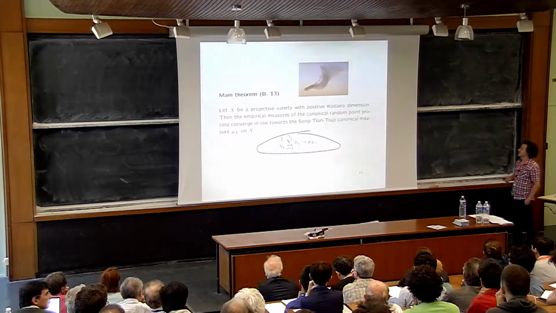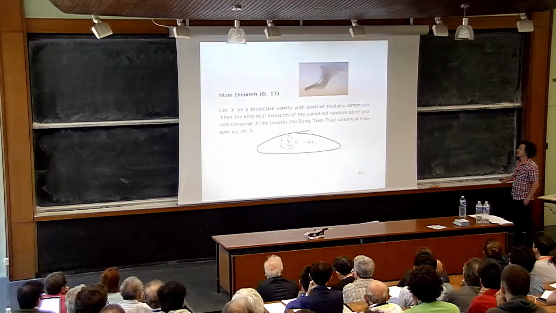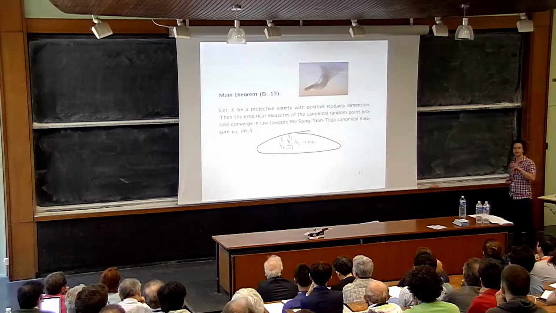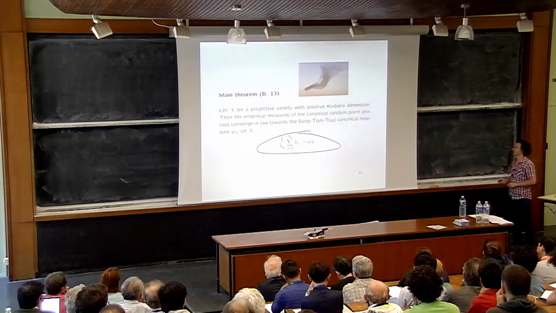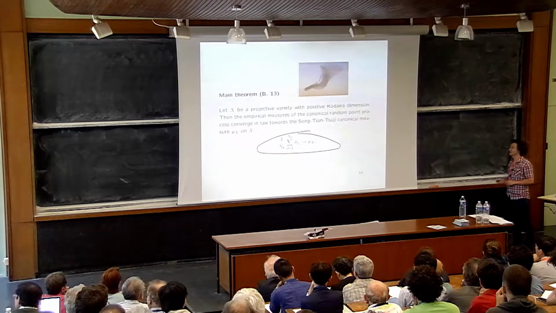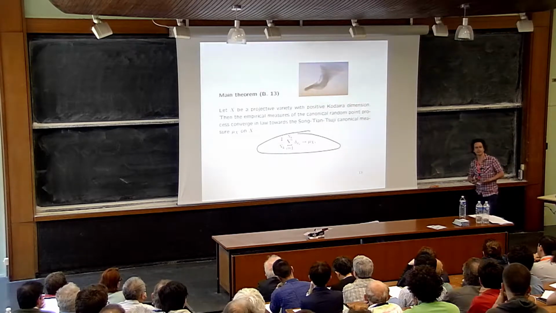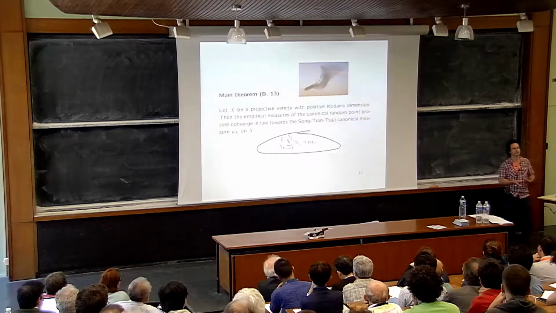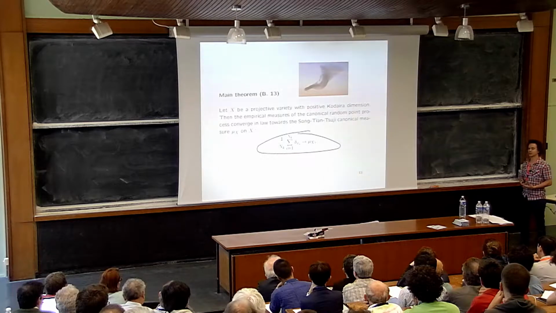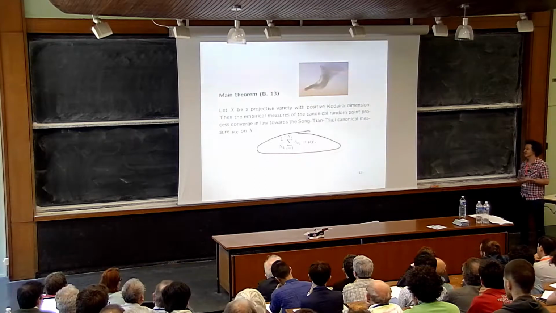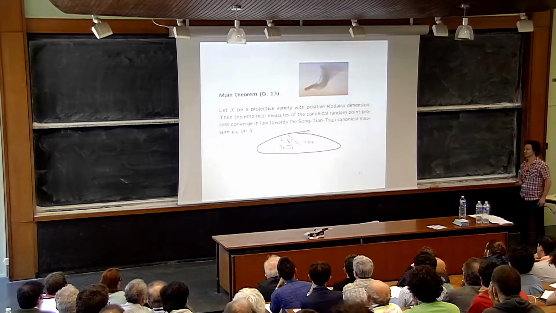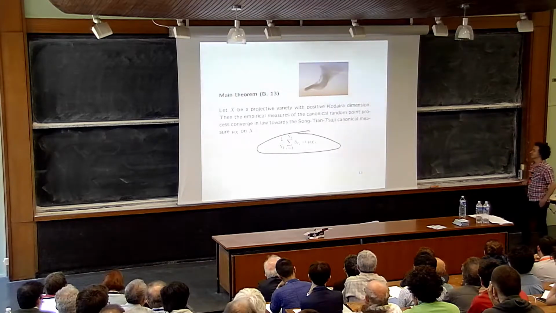Well, it means that every time I pick n points, that will give me a discrete measure with Dirac masses at those points. So this is now a random measure. And I can ask, does it converge in probability or in law in any reasonable sense to something which is a deterministic object? That's just some basic, standard probability theory to make sense of that.